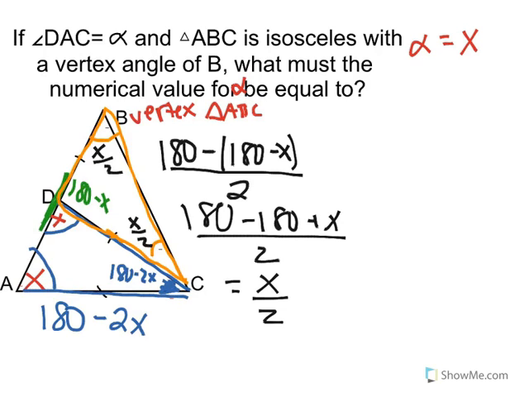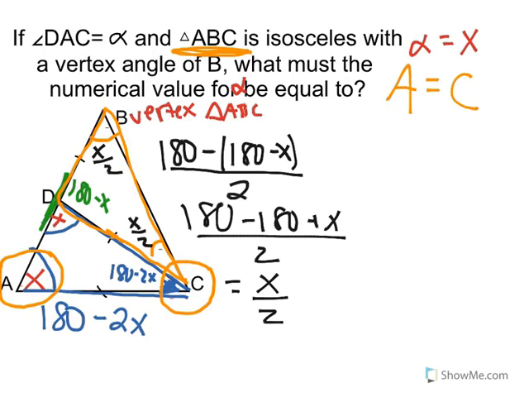So what we are going to use is that knowing that the entire big triangle, triangle ABC, is isosceles, and angle B is the vertex angle, then that means that this bottom angle C and this bottom angle A would have to be your base angles. And that means that they would have to be congruent. So angle A would have to equal angle C. That gives us an equation.